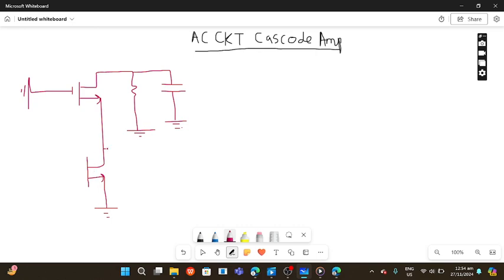Here we have a CDB1. For your simplicity, I am making different grounds, otherwise I would have joined them.